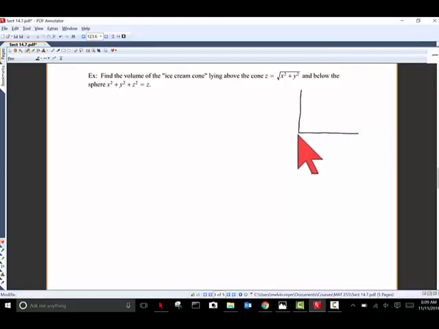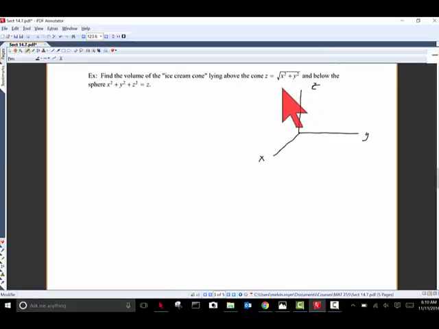So here is x, y, z. And regarding the cone, z equals square root of x squared plus y squared. So this is also known as z squared equals x squared plus y squared.